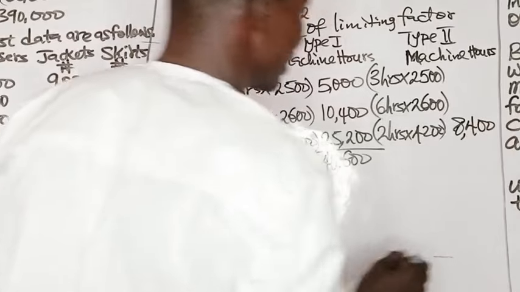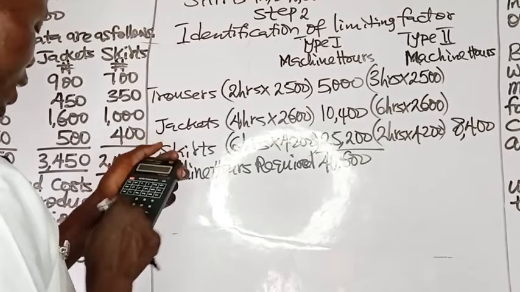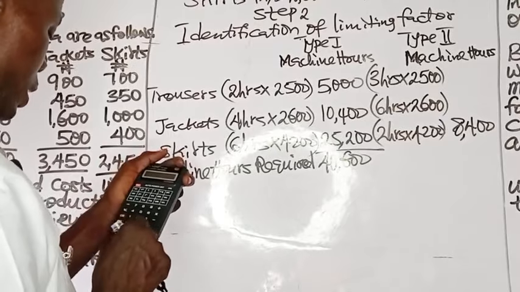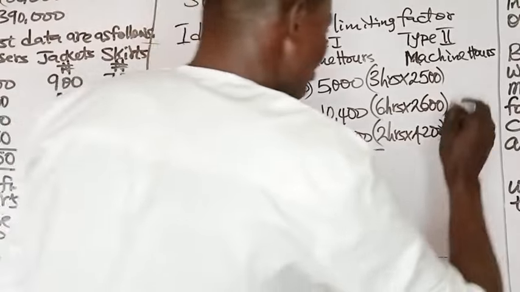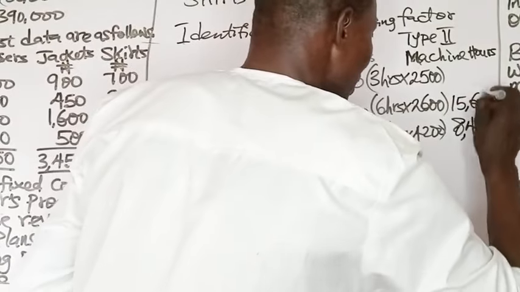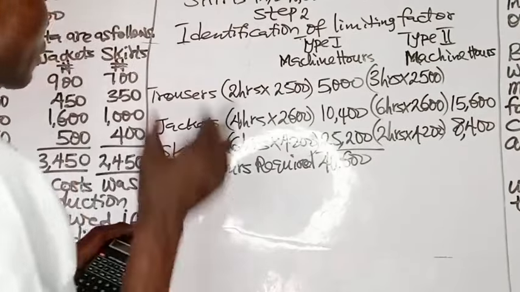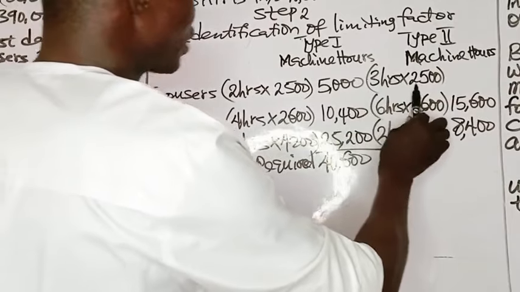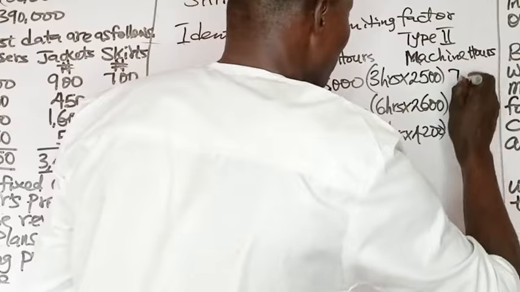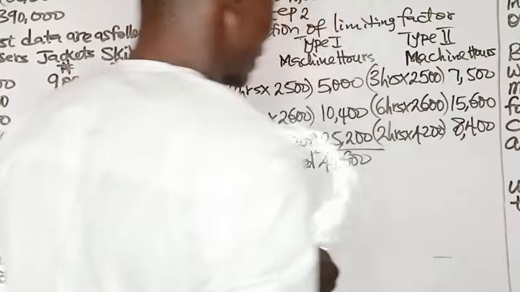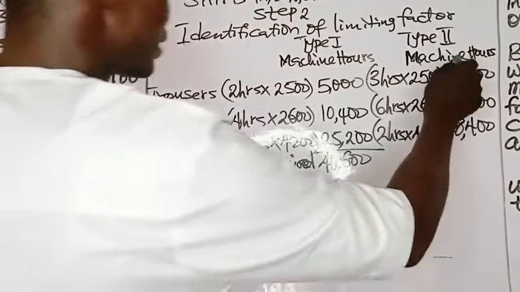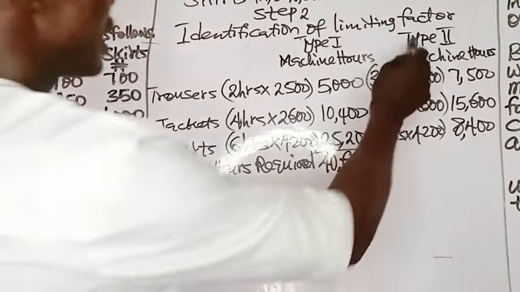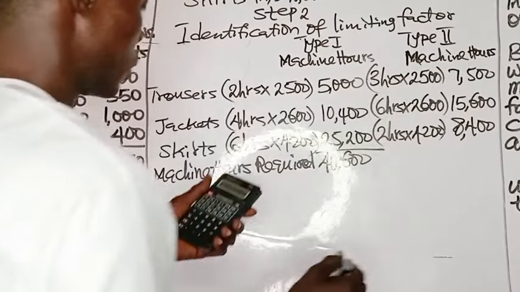8,400 hours. 6 times 2,600. That gives us 15,600 hours. Then for this, 3 times 2,500, that will be 7,500 hours. How many hours will be required? Type 2 machine hours will be required for the 3 products.